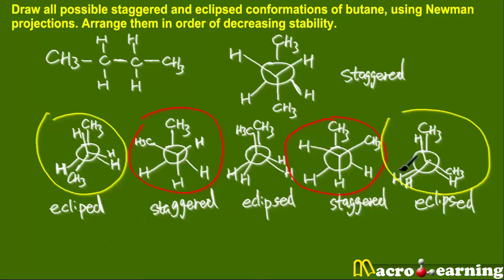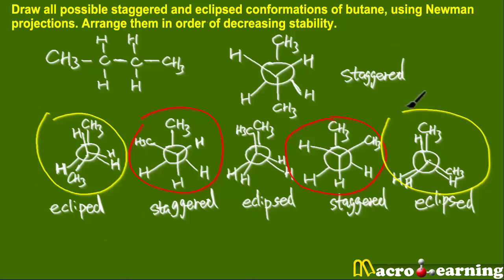Same goes for the two circled in yellow. They're mirror images. They're exactly the same when it comes to the stability or energy. But strictly speaking, I wouldn't call them exactly the same conformation. But again, textbook-wise, they are defined as the same, as duplicates to each other.